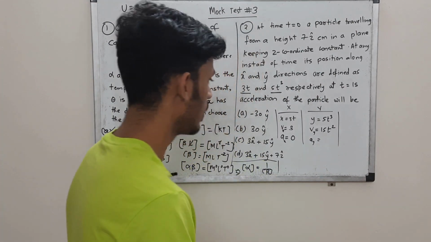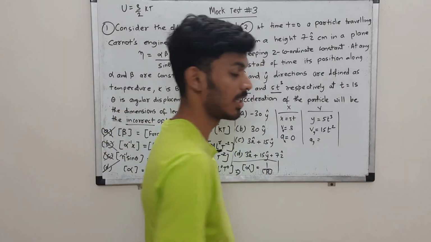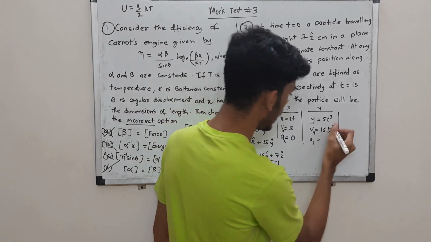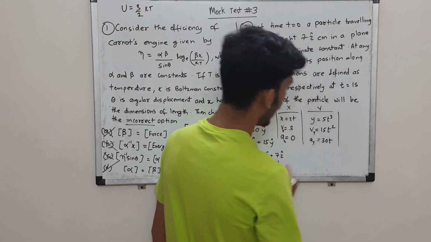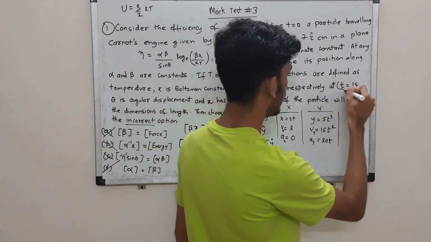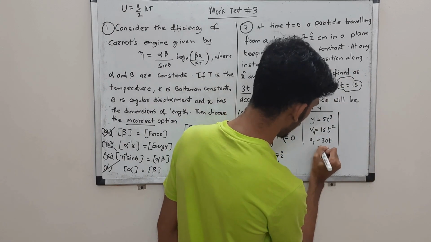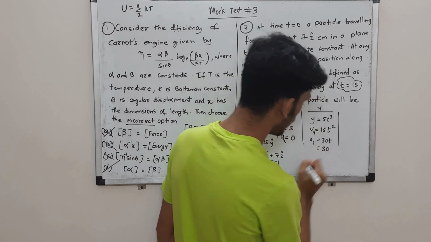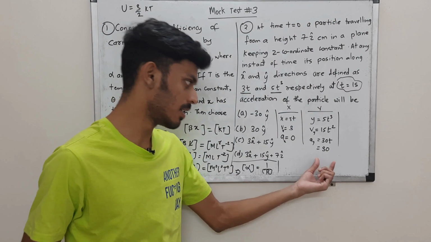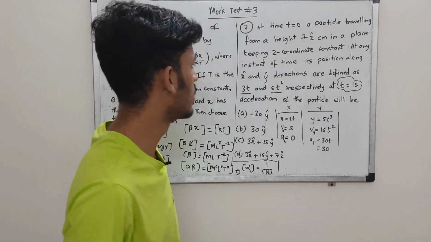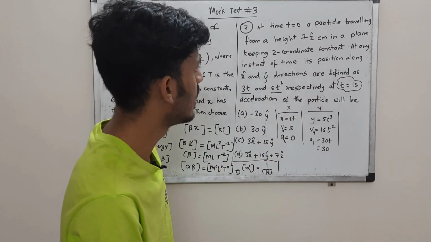Again, if you differentiate that, acceleration is dv/dt, so that will be 30t. You are supposed to find the acceleration at t = 1. Substitute t = 1 over here. So the acceleration in the y direction is 30 centimeters per second square.